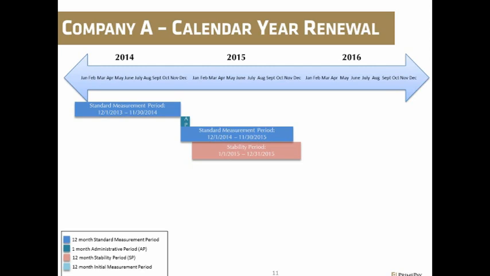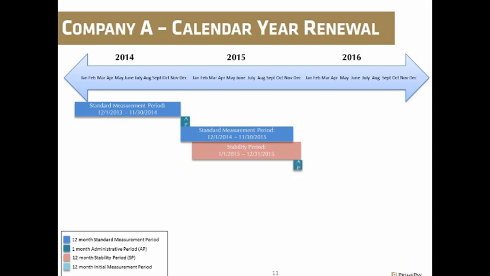You also see that the stability period runs in line with the health plan renewal. So it will be your health renewal time period. If it renews January 1, the stability period should begin on that date and after.